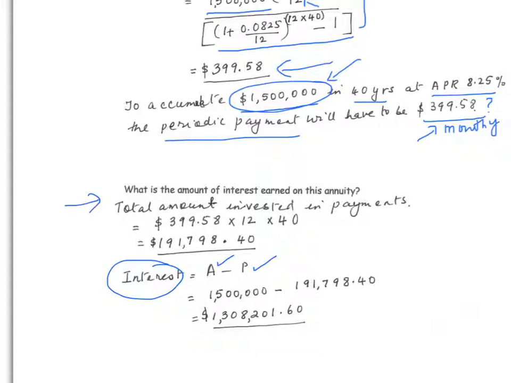The total amount that we invested in payments is $399.58 in 1 month, times 12 in a year, but we've kept this going for 40 years. So this gives us the total amount that we put in the form of payments into this account. So that is our investment. So the accumulated amount minus our investments would give us the amount that we earned in interest, and that is the amount that we earned in interest.